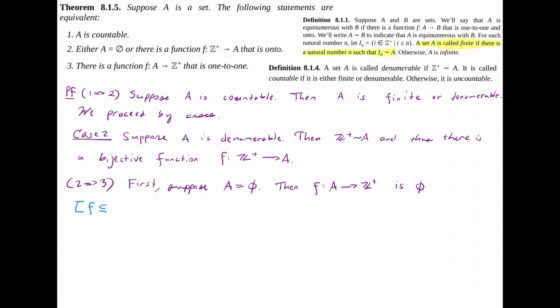That is that the function is really a subset of the Cartesian product of A with the positive integers. But A is the empty set. And whenever we have the empty set Cartesian product any set, that's going to be the empty set. And so this is telling us that f is the empty set.